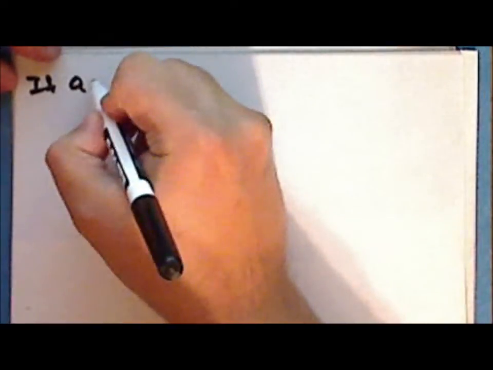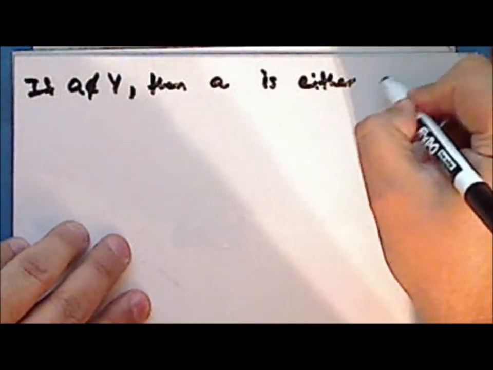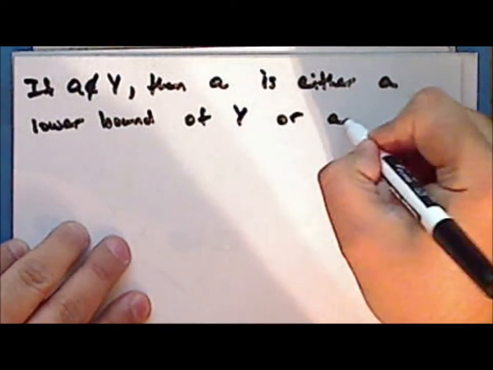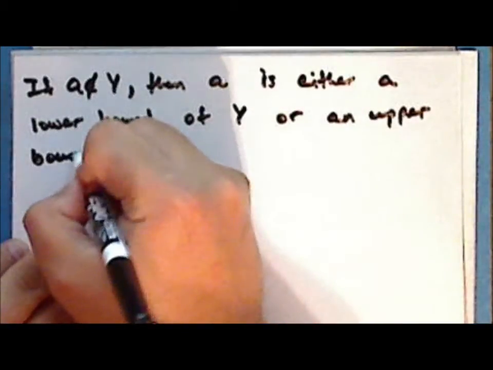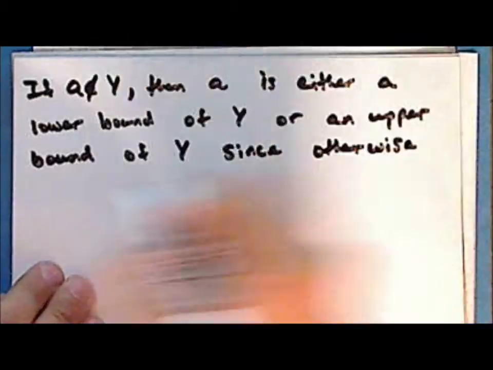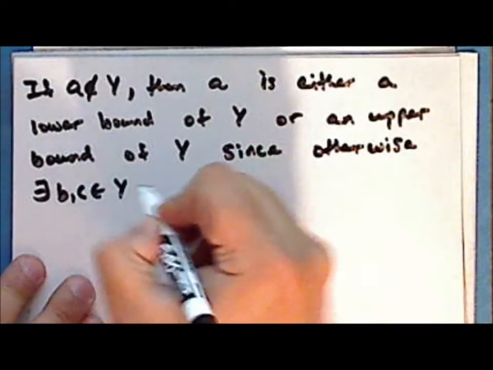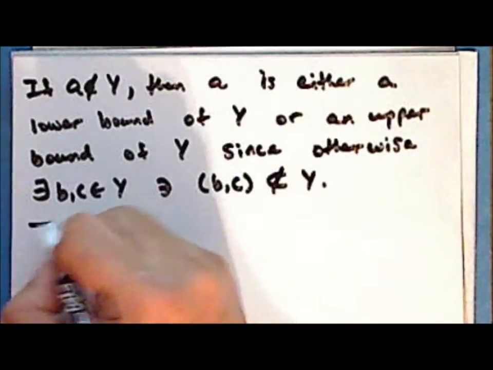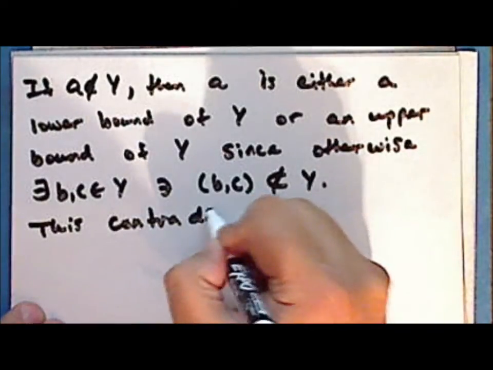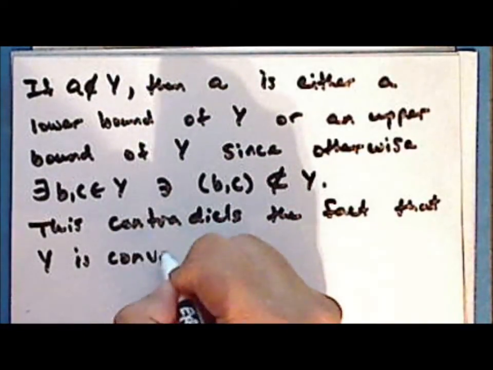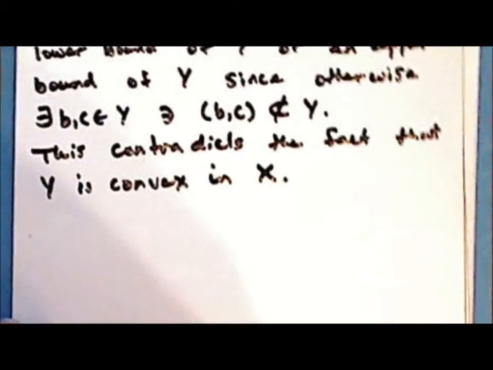Now if the point A is not in the set Y, then A is either a lower bound of the set Y or an upper bound of the set Y, since otherwise there exist elements b and c in the set Y such that the open interval from b to c is not contained in Y, and this contradicts the fact that Y is convex in the space X.